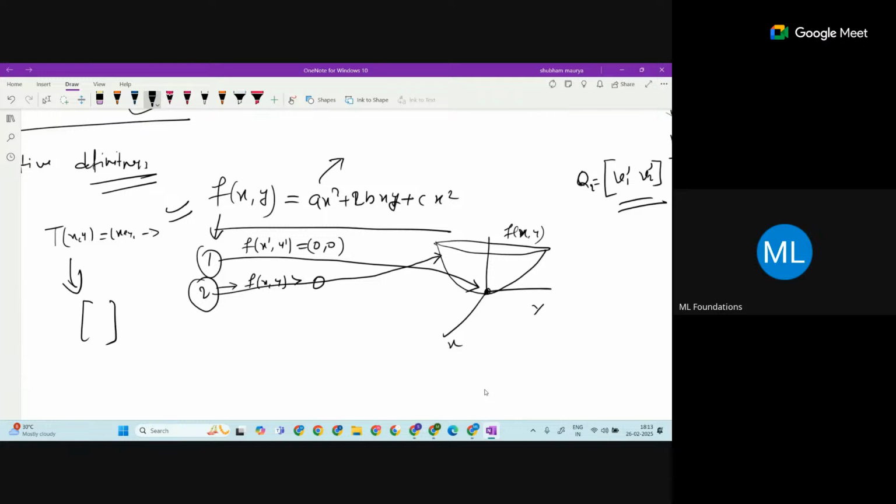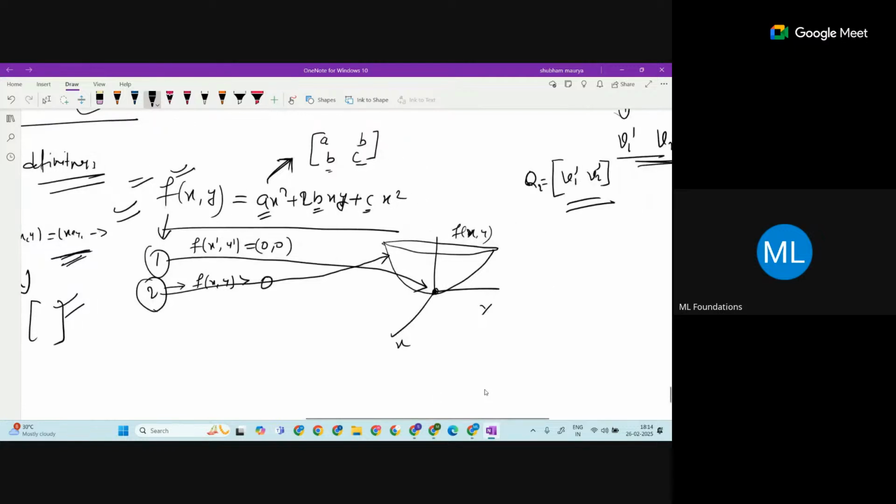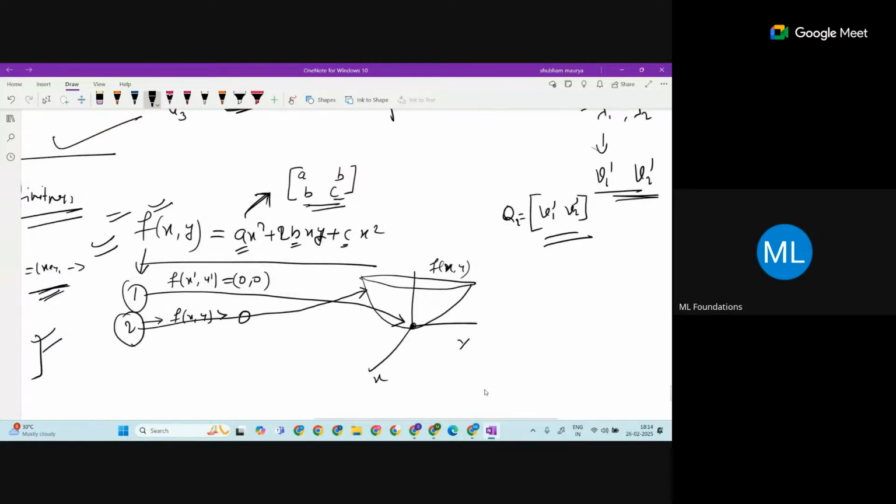This is a quadratic, so we are not going to follow that method here, but this will represent a matrix, a symmetric square matrix with entries A, B, B, and C. See the coefficients here. Because of this reason, we are studying this type of function. And if this function is positive definite, then this matrix is also called a positive definite matrix.